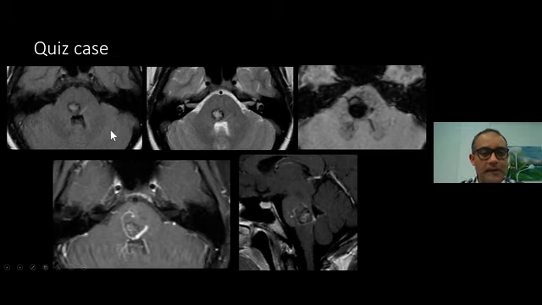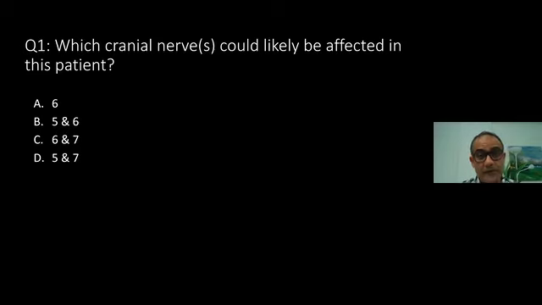According to the location of the lesion here in this part of the pons, the first question is: which cranial nerve or nerves could likely be affected in this patient? A, number 6; B, number 5 and 6; C, 6 and 7; or D, 5 and 7.